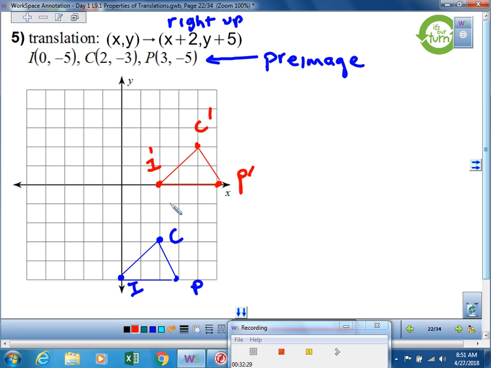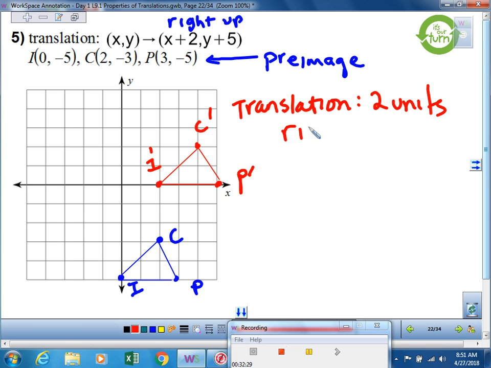Alright, and then your rule in words is translation, what? Yeah, 2 units right, 5 units up. Alright.